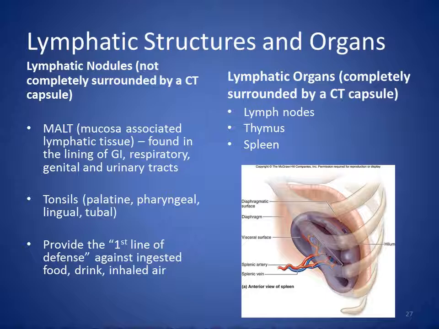There are also tonsils, such as the palatine, pharyngeal, lingual, and tubal, and these structures provide the first line of defense against ingested food, drink, or inhaled air. Lymphatic organs are completely surrounded by a connective tissue capsule and include lymph nodes, thymus, and spleen.